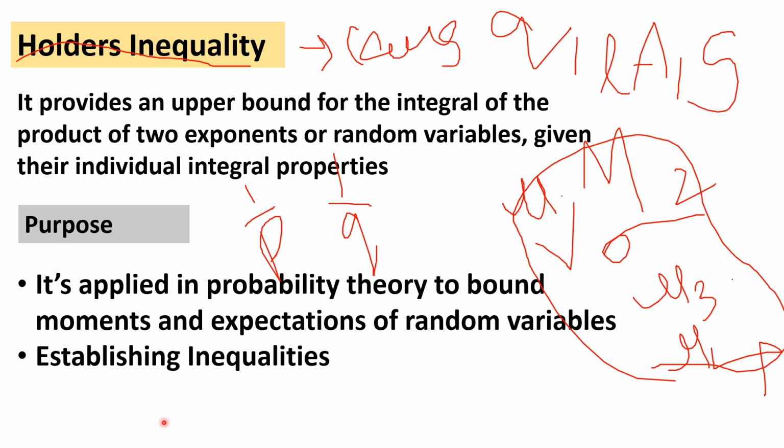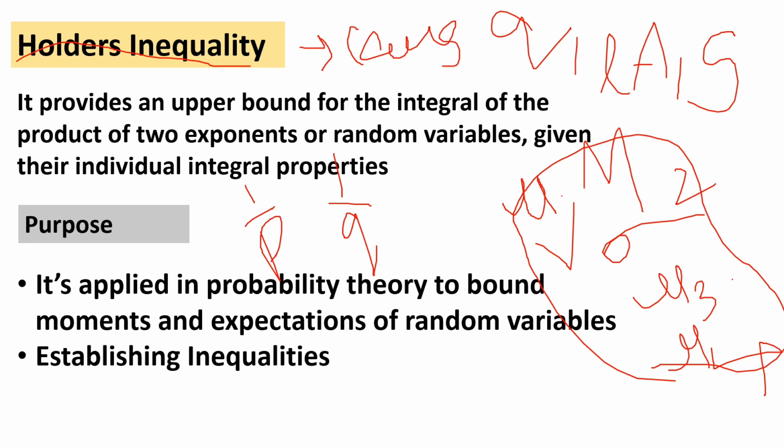Now let us know what is the interrelationship between the Hölder's inequality and other inequalities. The one that we learnt is that the Hölder's inequality is a special case of the Cauchy-Schwarz inequality, and Hölder's inequality is used to prove the Minkowski inequality.